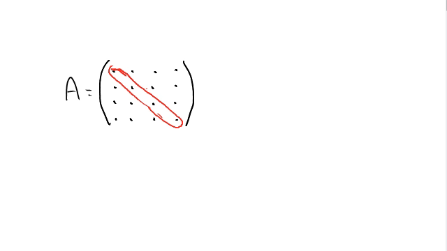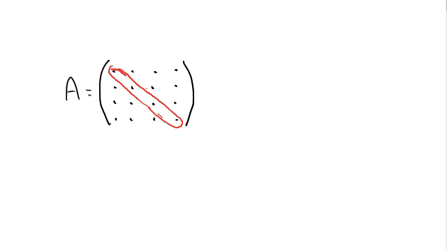Let's make it 4 by 4, for example. Then remember, we have a diagonal like this. Symmetry imposes no restrictions on the diagonal elements. Those can be any numbers. Symmetry only imposes restrictions on the off-diagonal elements.